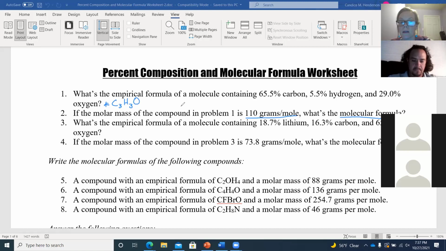So our molecular formula needs to equal our empirical formula, in this case, the C3H3O times some value N. I want you to figure out what N is. How many times bigger is it than the empirical?